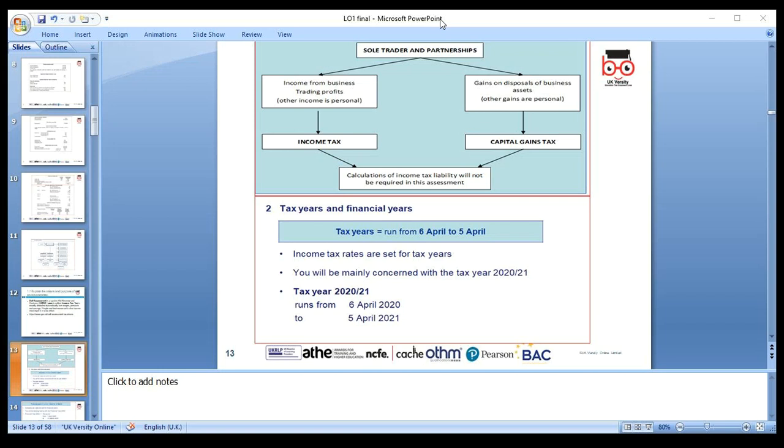So tax years and financial years, do we all know the difference between them? Tax year and financial year, if your year end is 31st December, what do you do? Your business year end, yes, 31st December, how will you do the tax? Anyone?